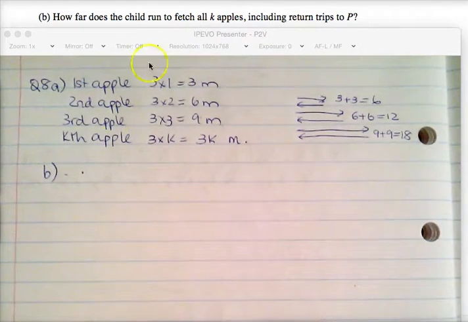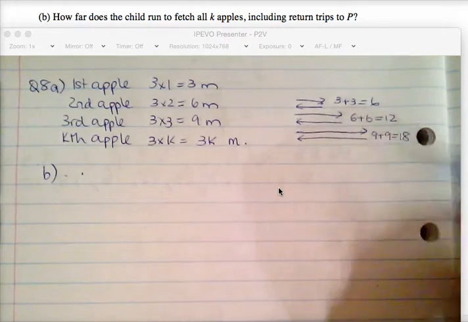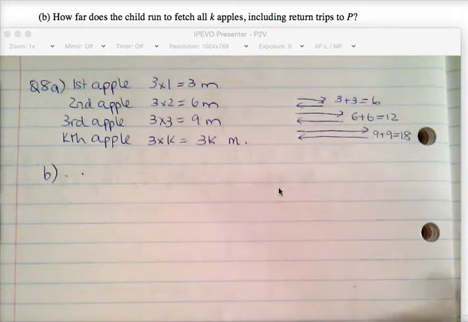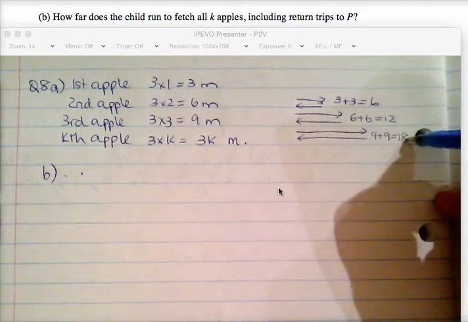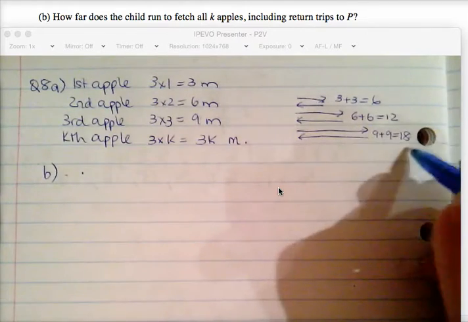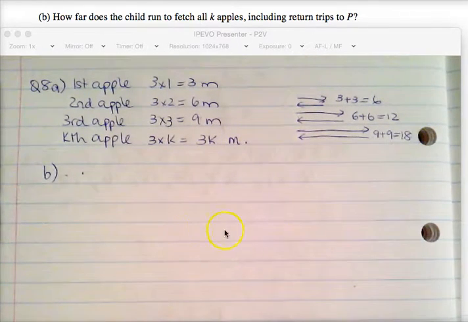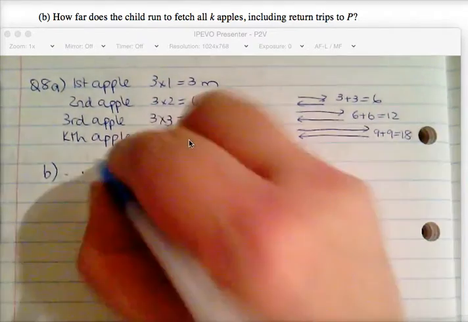So to fetch all k apples, including return trips, we could either just do 3 plus 6 plus 9, the sum of all of those, and then double it at the end, or we can do 6 plus 12 plus 18, which includes all the return trips. I think I'll do the second way because it is asking for all the return trips, not just some of the forward or some of the reverse trips.